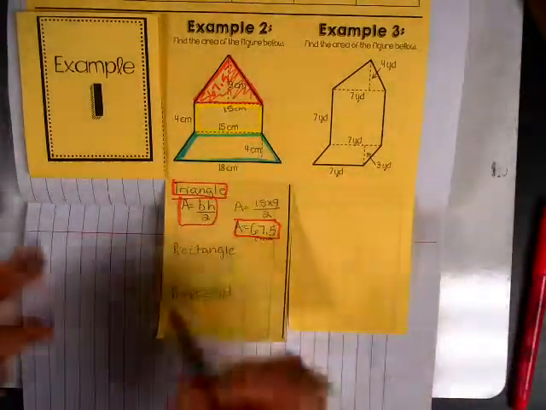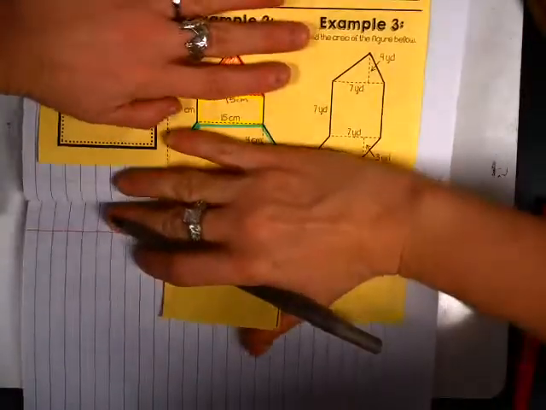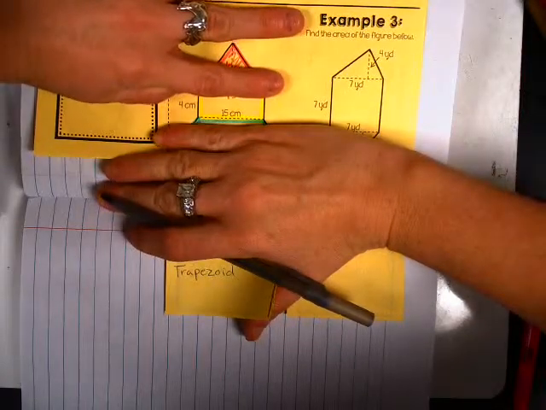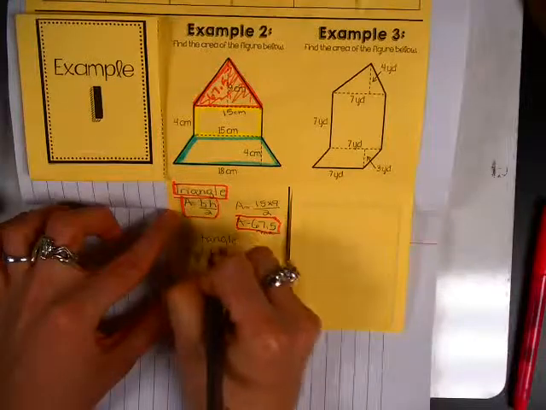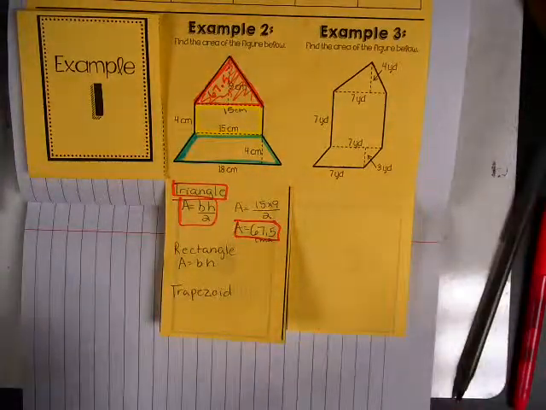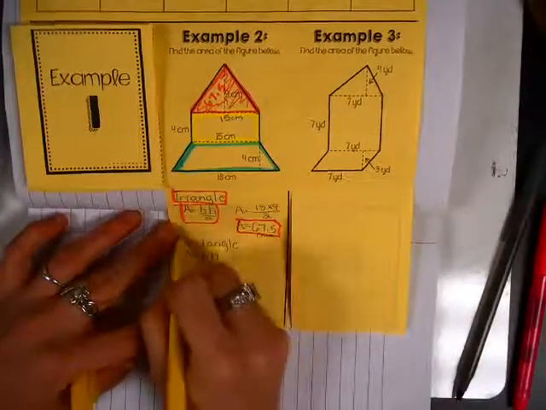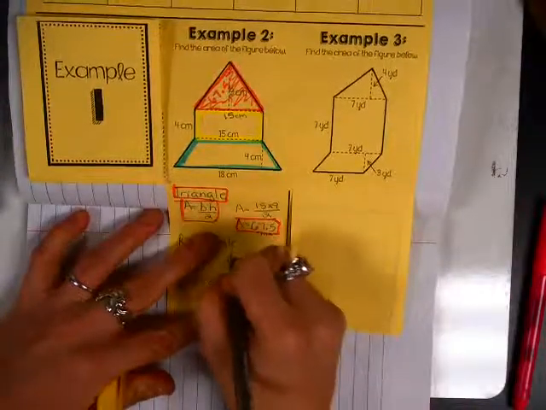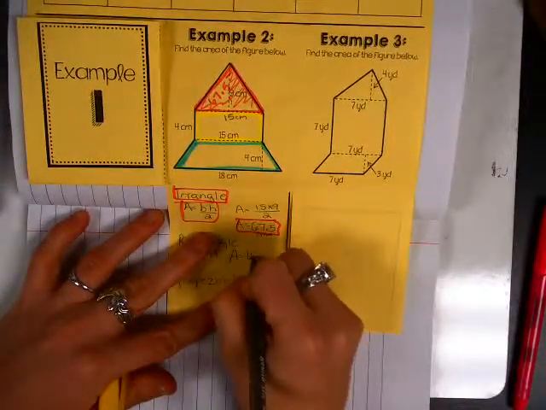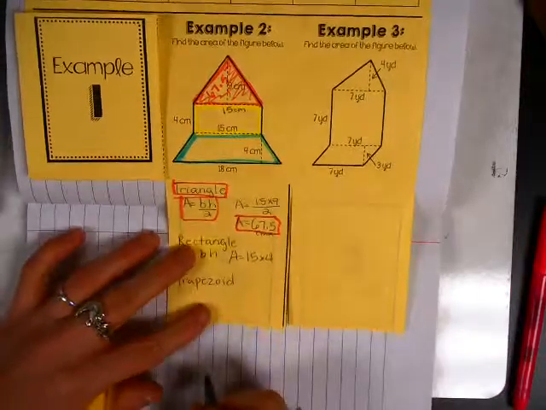Alright, now let's go to the rectangle. So ignore the other shapes. I'm only dealing with the rectangle. The formula is A equals base times height. And the base is 15. The height is 4. Okay?